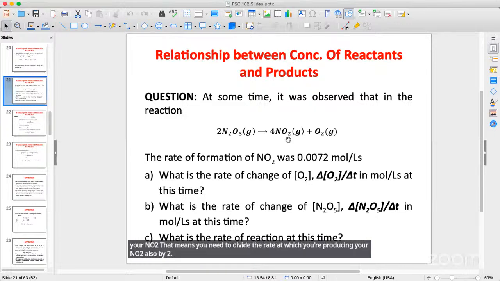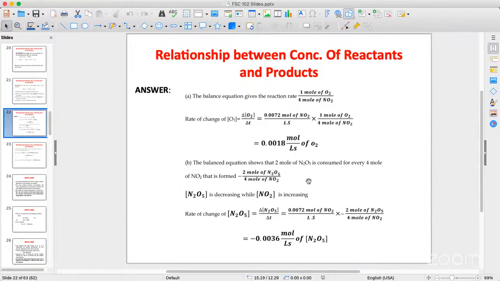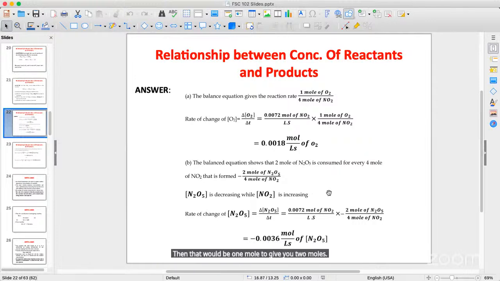I want you to understand this very well, not just, oh, what is the formula? You must understand this beyond the formula. What is the logic behind that? That is what we have here: 2 mole of N2O5 gives you 4 mole of NO2, then that will be 1 mole to give you 2 moles. And eventually, you're going to be dividing by 2, essentially, to give you 0.0036 mole per liter per second.